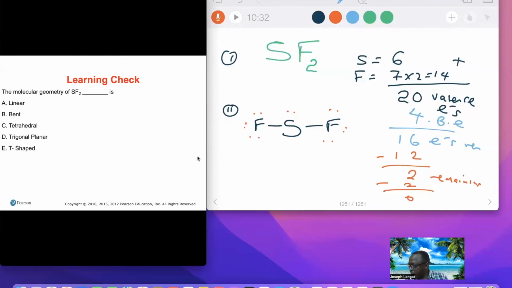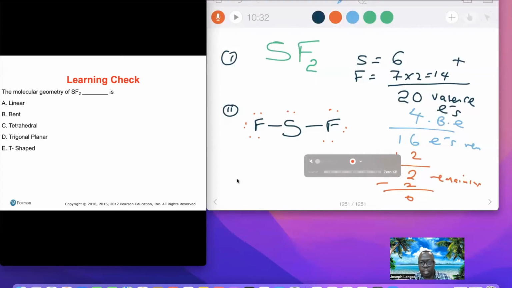Let's trace back and see. Sulfur is in group 6, 6 valence electrons, fluorine in group 7 times 2 is 14. If we add these two, that gives us 20.